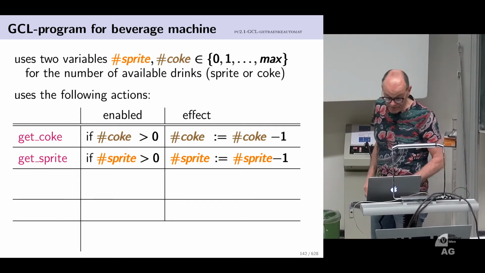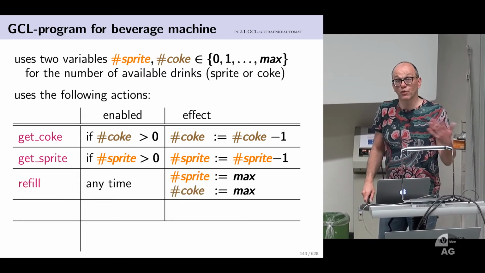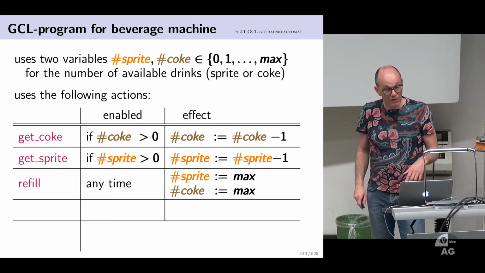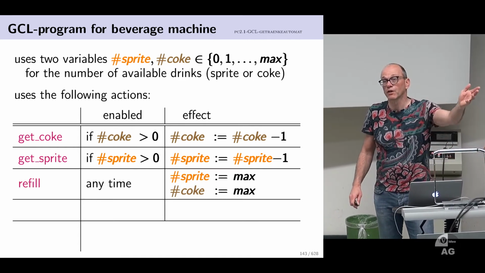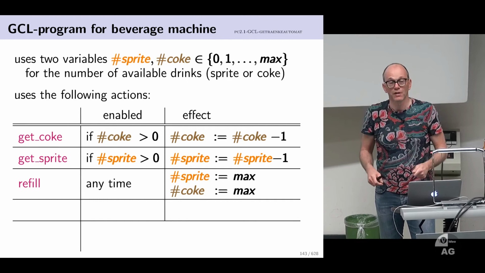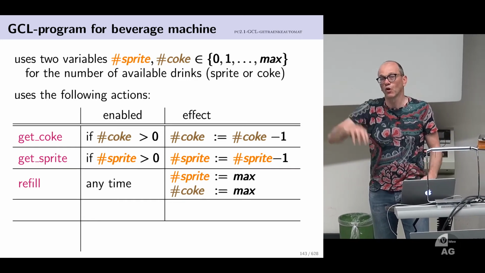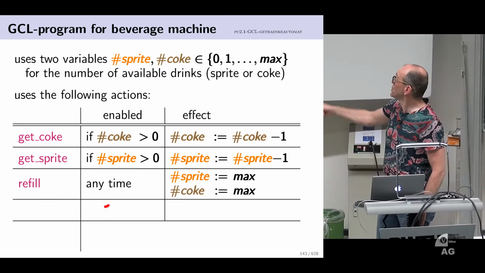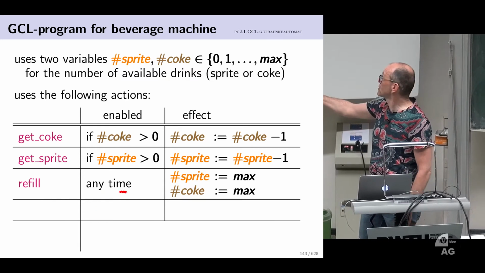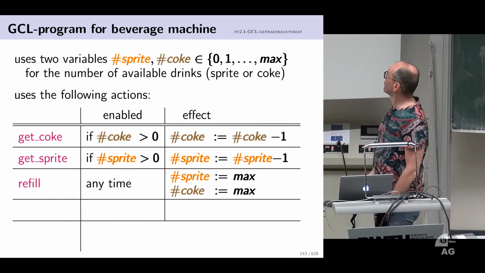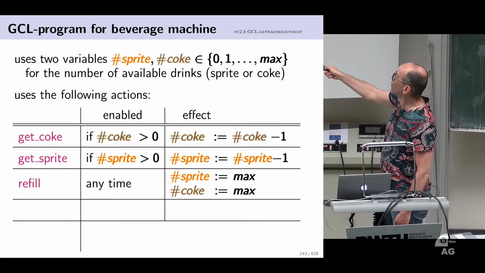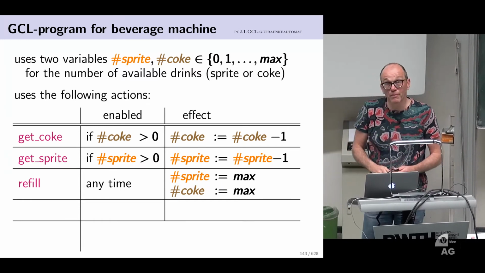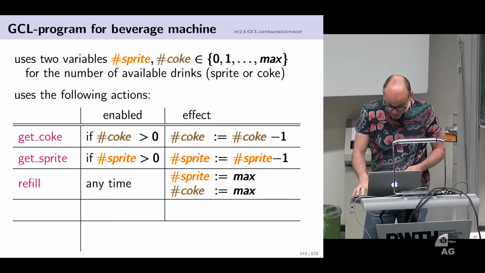The same for Sprite. When can you do a refill? So then in the cafeteria here, somebody comes, opens this machine and refills. My assumption is you refill up to the whole capacity. So this is always enabled, so this is just saying true. And now two things happen. I will both put the maximal capacity on Sprite and Coke bottles.